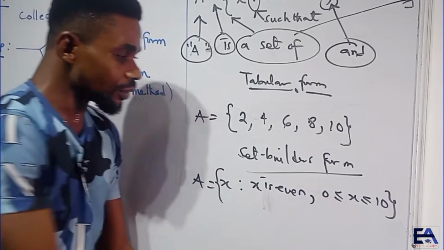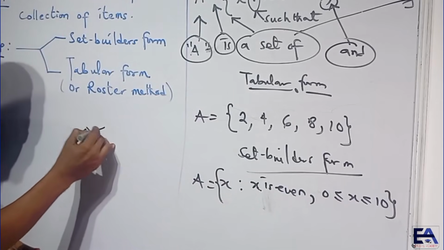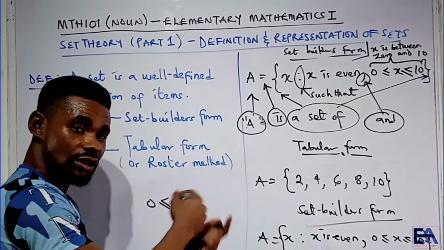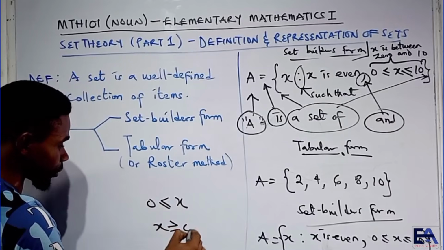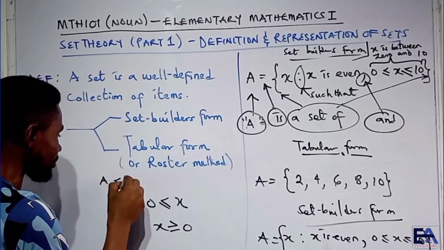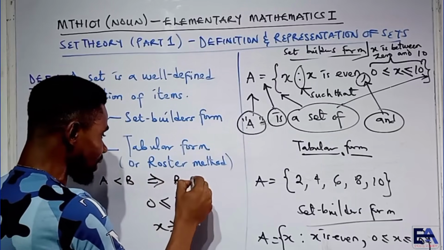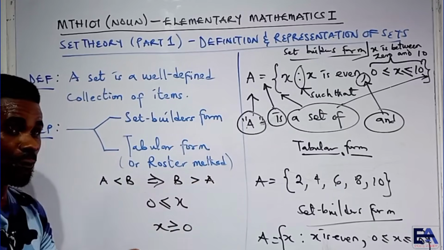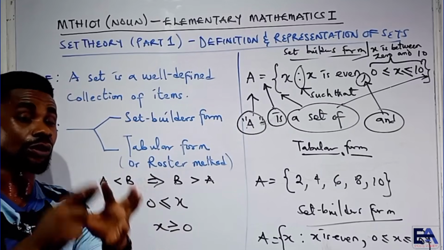And then, when you say 0 is less than or equal to X, mathematically, if you switch it the other way around, it's going to be X is greater than or equal to 0. Do you agree with me? So if A is less than B, it simply means that B is greater than A. When it comes to inequality, the moment you switch the inequality, the direction of that inequality will change.